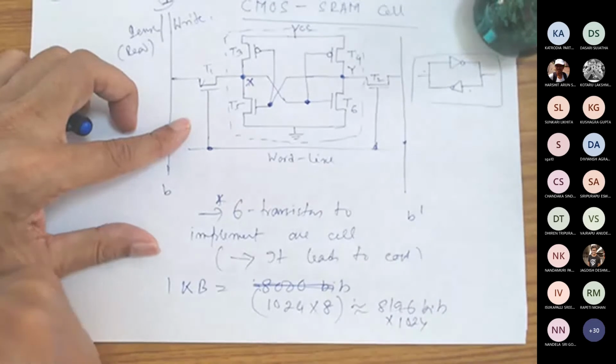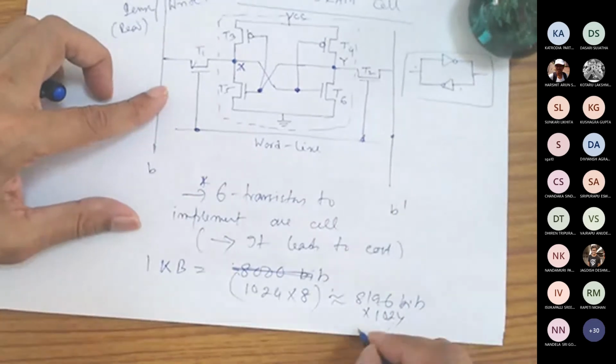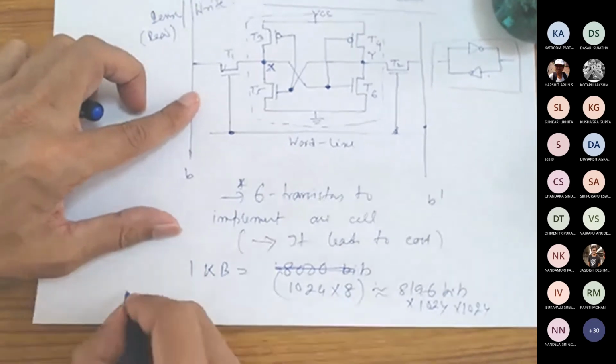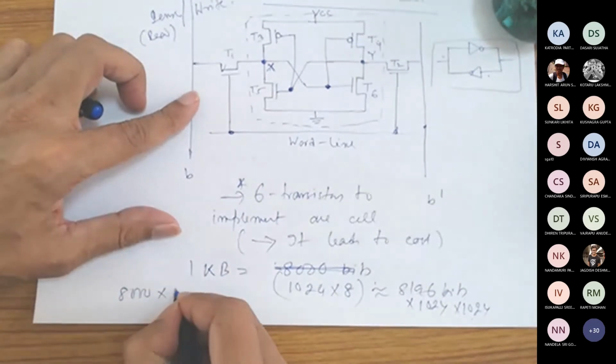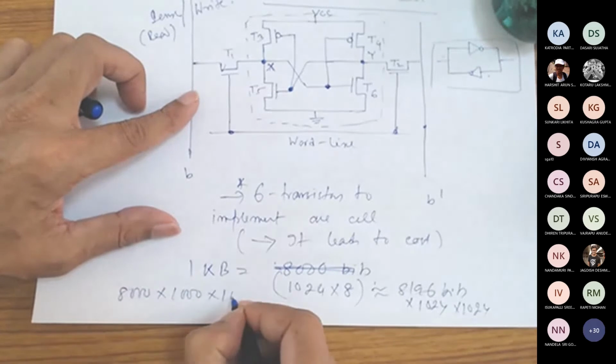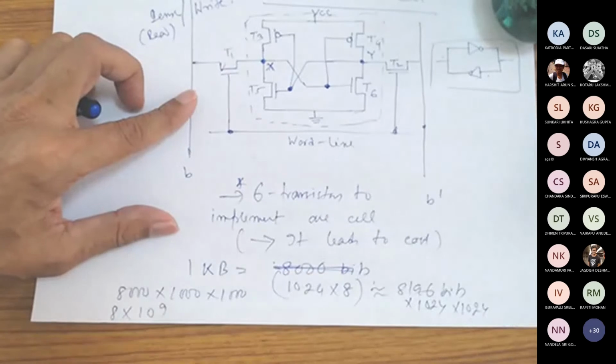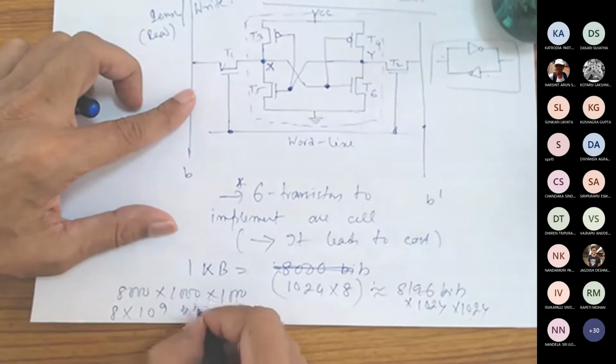Now, if you multiply it by 1024, it becomes 1 megabyte. If you multiply it by 1024 again, it becomes giga. It's a huge number. If you simply remember, this is 8,000 into 1,000 into 1,000, just for simplicity. So 8 into 10 to the power 9 bits.